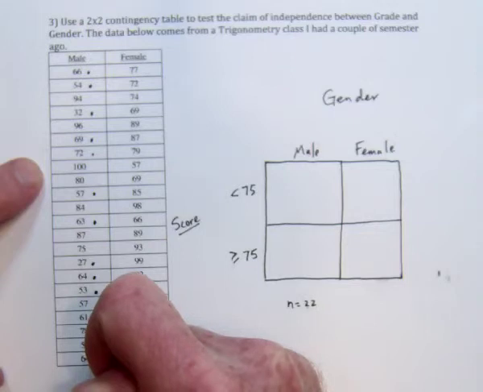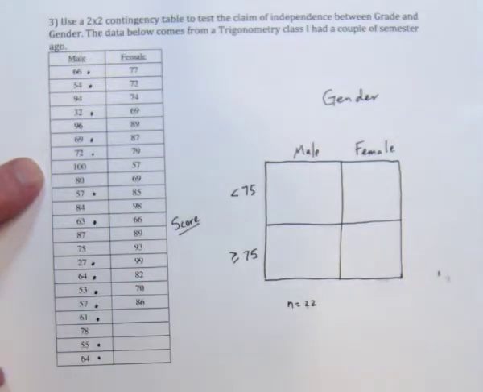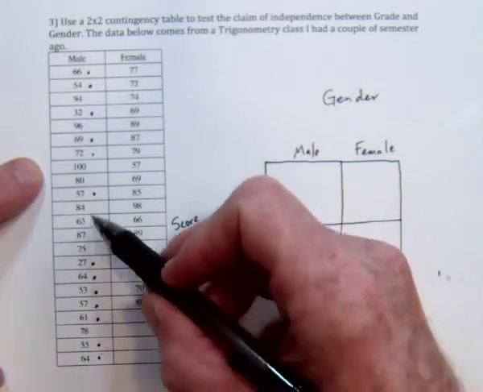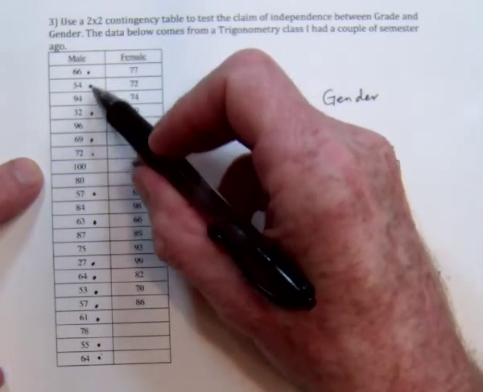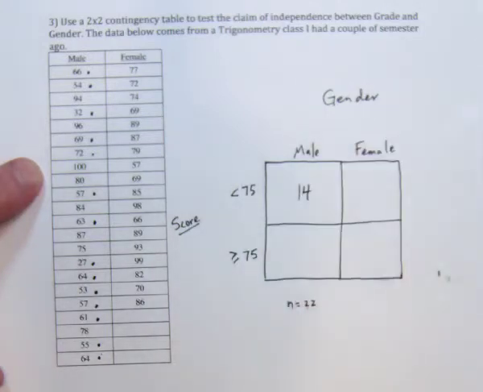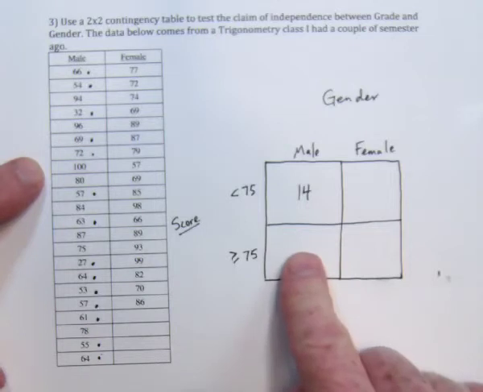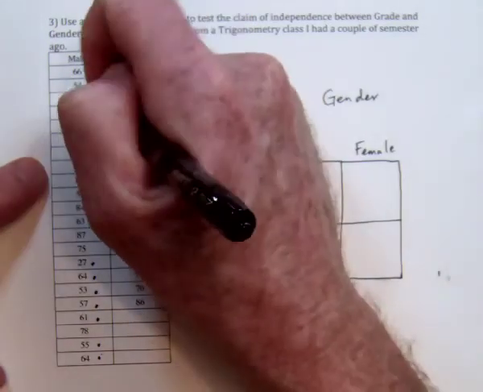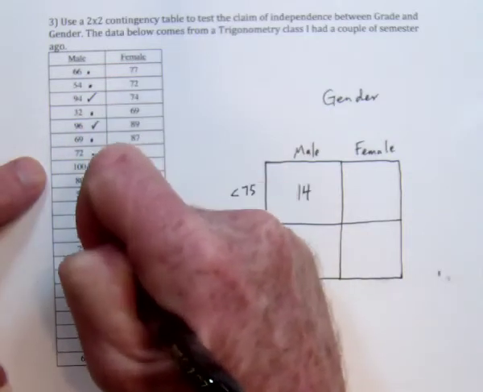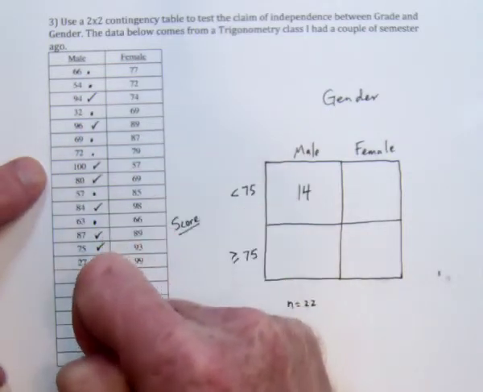Bringing us down. So that's 1, 2, 3, 4, 5, 6, 7, 8, 9, 10, 11, 12, 13, 14 men that got less than 75. That means there should be 8 that are not highlighted. So it's going to be 1, 2, 3, 4, 5, 6, 7, 8. Sure enough, 8.